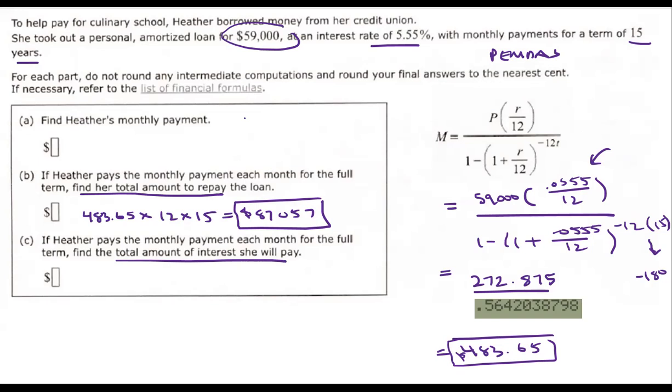So just take the $87,000, and subtract 59,000. Right, so when we do that, we get $28,057. All right. So that's the answer for part C.